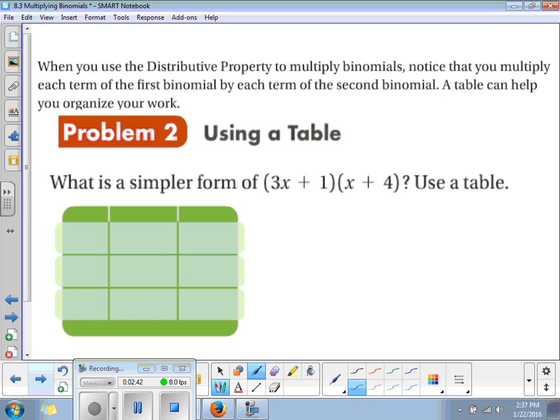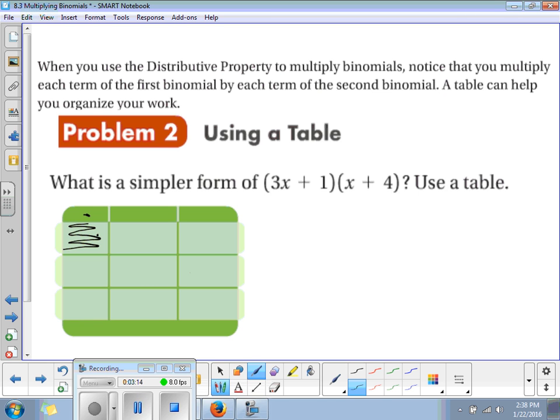A table can help you organize your work. So, a table is another way that you can multiply binomials. Here we want to know what is the simple form of 3x plus 1 times x plus 4. When setting up our table, we put one binomial in the top row, leaving this space blank, and the other binomial here.